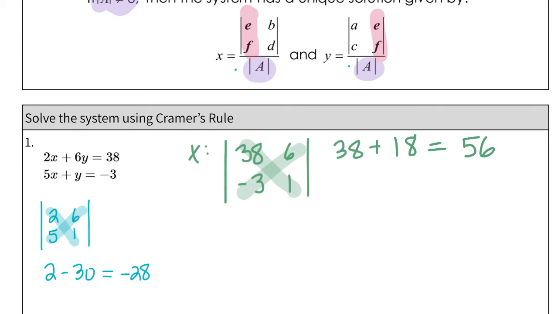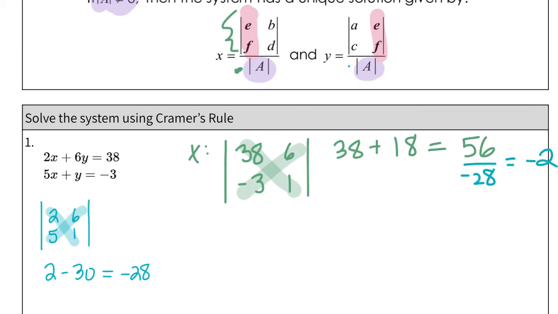But if you look at this formula, all we've done so far is the top part. Now I need to divide it by the determinant of A. So I need to divide it by that negative 28 that we found earlier. And when you do that, you get negative 2.